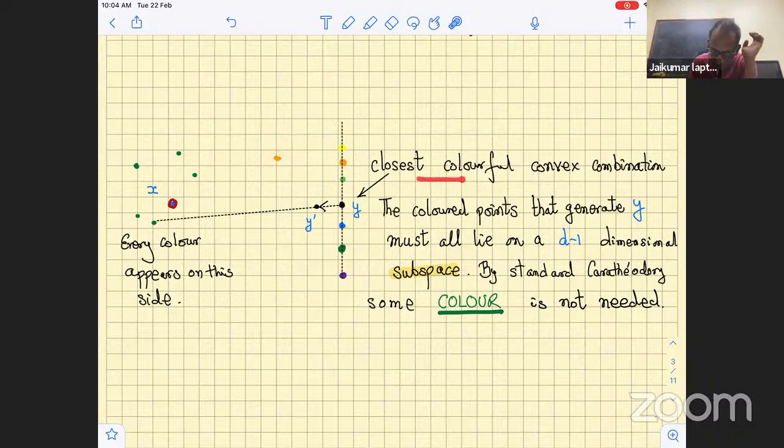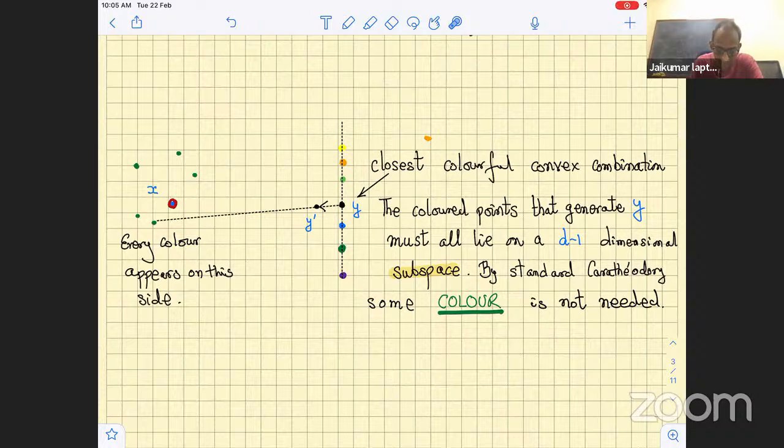Okay, this colorful set. Can some point be on this side? Maybe this orange point, instead of being on this side, is actually on this side. But you see, if Y is a convex combination of some points, and if there is any point which is strictly to the right, then to balance it out there must also be a point strictly to the left.